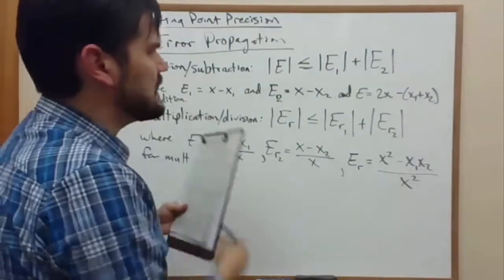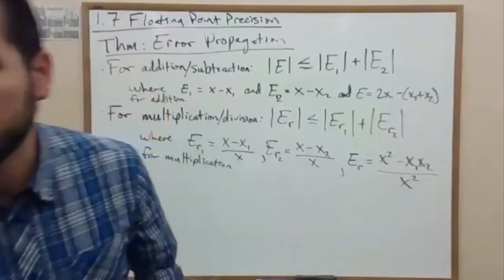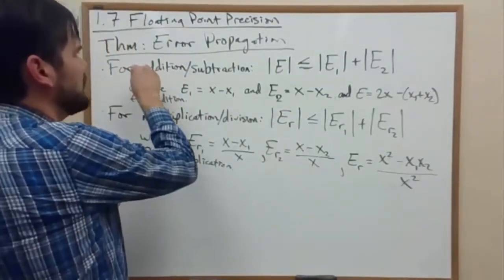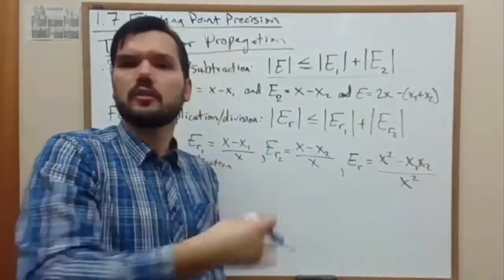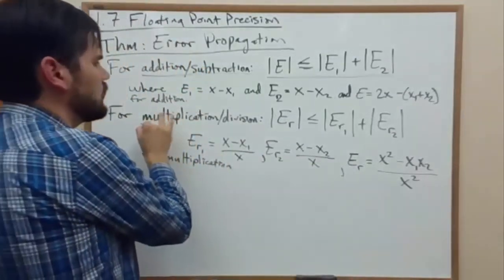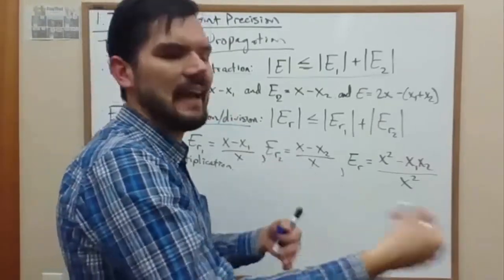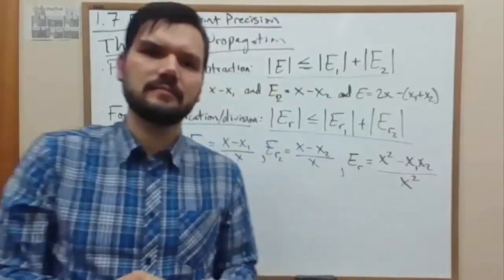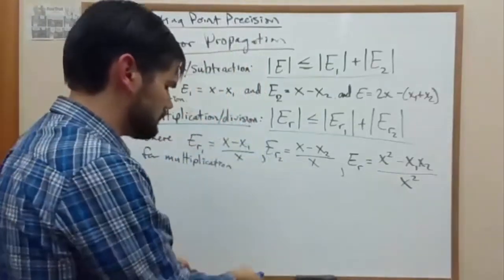The main idea is that when you're tracking how the errors change or propagate, if you're only adding and subtracting, then the errors themselves grow by adding up. But if you're multiplying or dividing, it's not the errors that end up being added, it's the relative errors that end up being added. So that's the main difference that we'll have to track.